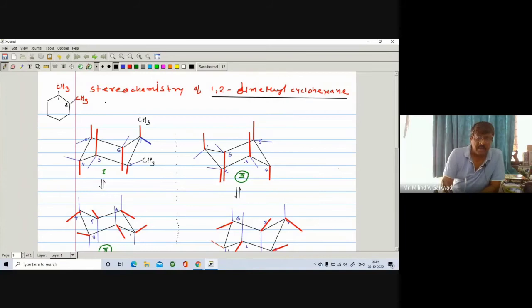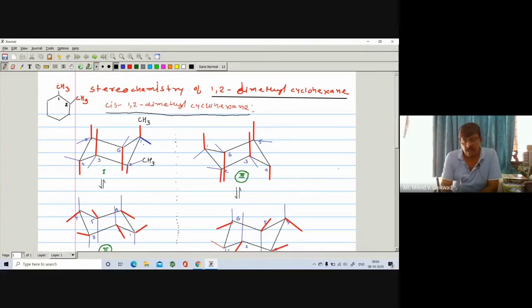So here is cis 1,2-dimethyl cyclohexane. It can exhibit geometrical isomerism. So firstly, we'll see the cis 1,2-dimethyl cyclohexane.